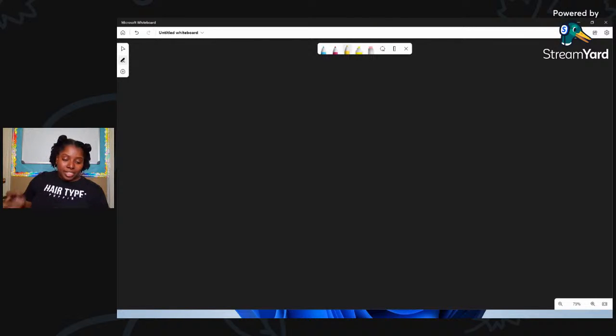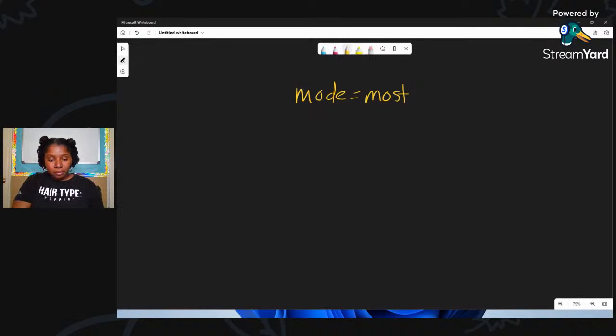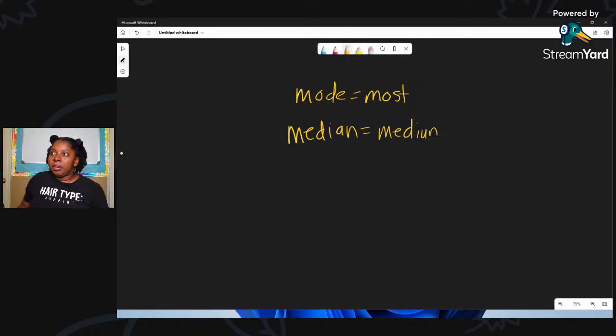So this is how I like to remember it. Mode equals most. Median is like a medium shirt, the middle shirt. You have small, medium, large, or fries.